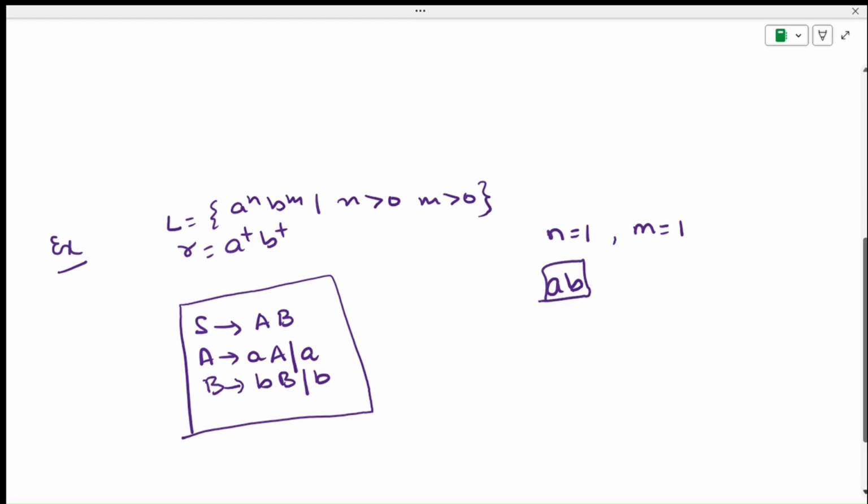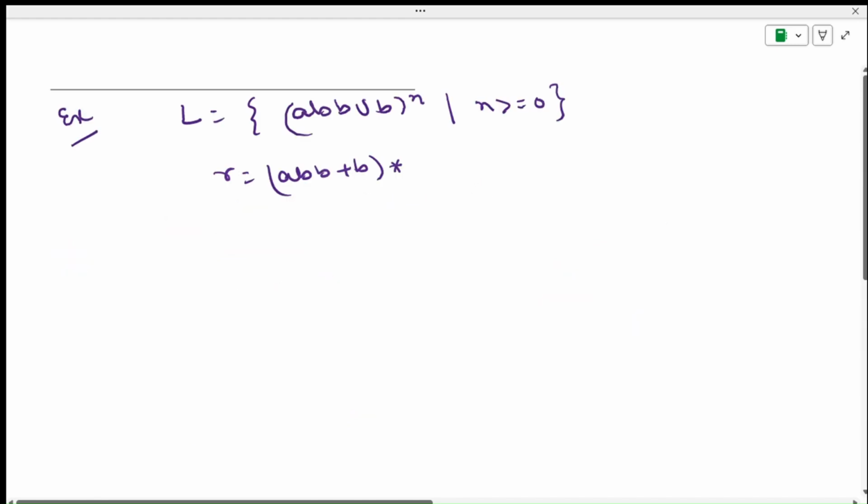We can clearly see that if I start with the start symbol AB, take the leftmost derivation, replace this A with small a from this place, and this B can be replaced by small b from this place. So the smallest string I will have is ab. I cannot have a null string in this case because the grammar is correctly written for this language. Let me take another example.